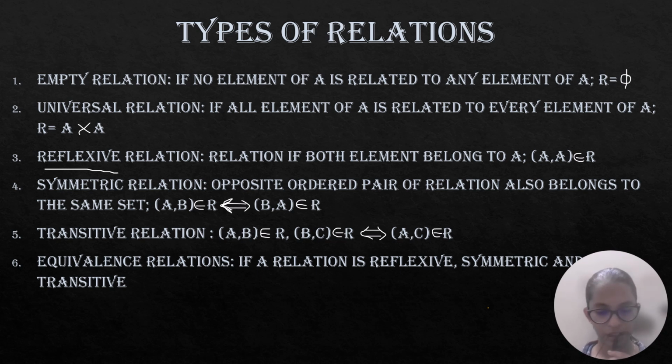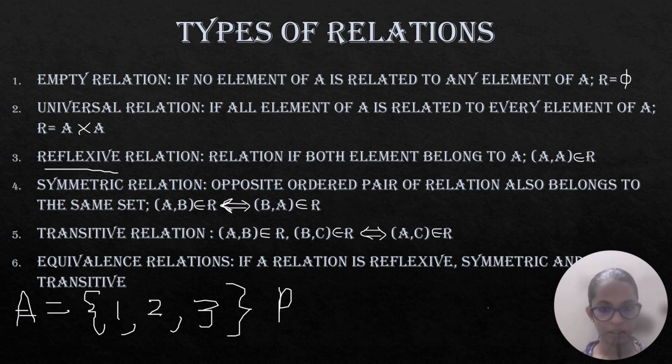If both elements belong to A, like take A is equal to, let's just say this is A. A contains the following elements: 1, 2, 3, and R contains 1, 2.